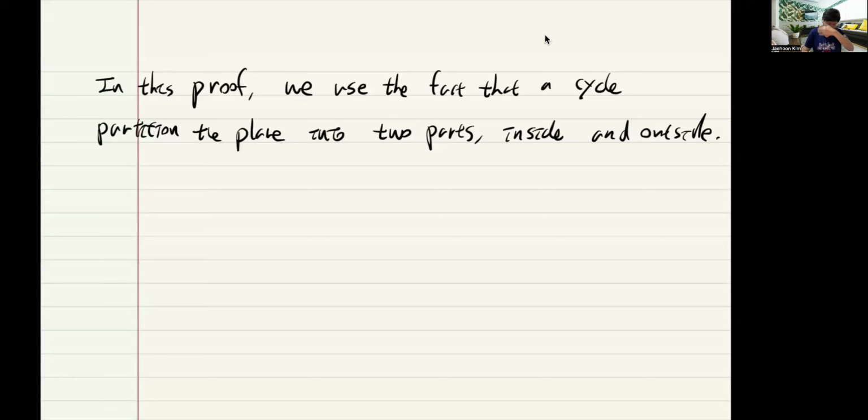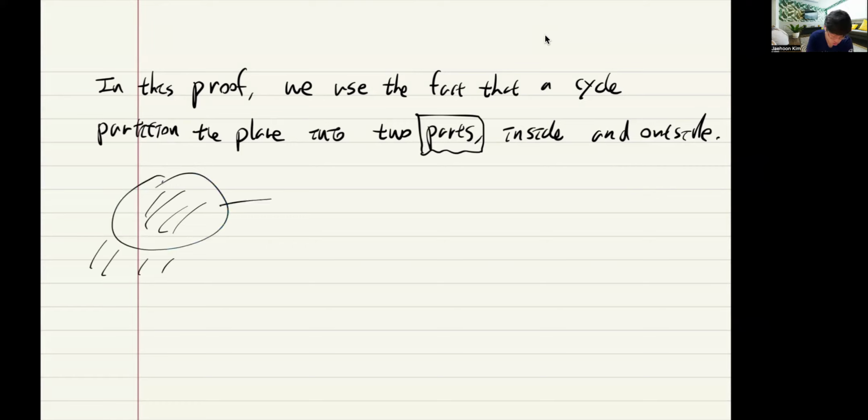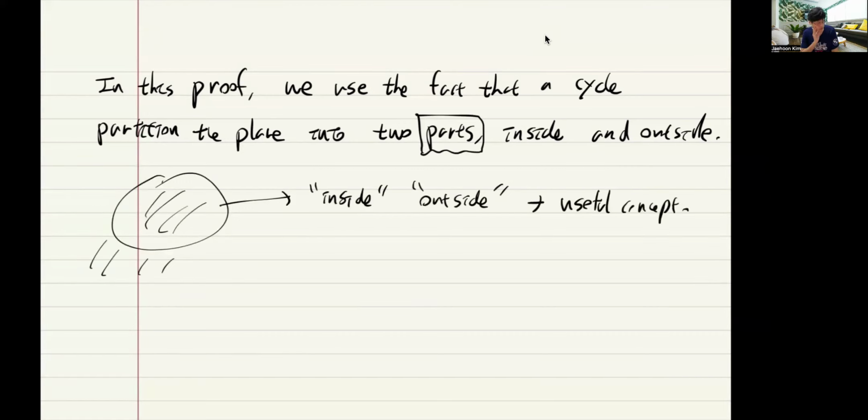And these parts are actually useful. Once we have some cycle, there is an inside and outside. We want to treat this object. Inside and outside are useful concepts, and we want to give a name to this.